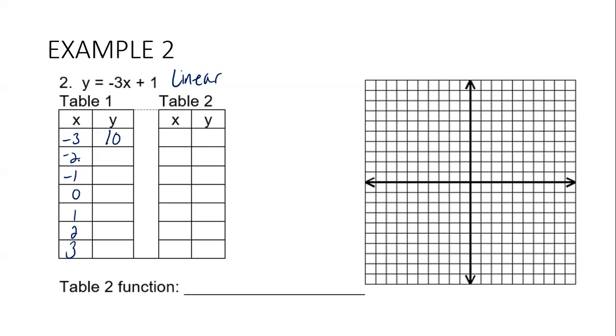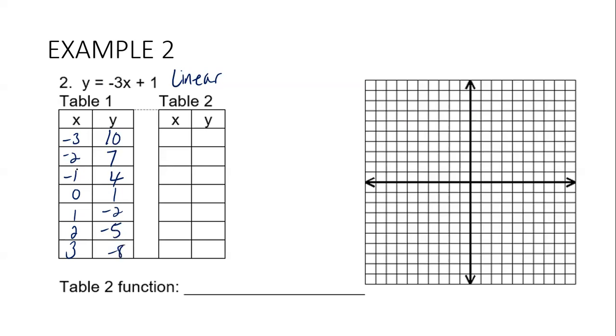Okay. All right, -2. If I substitute -2 in, what do I get? 7. I substitute -1 in. 4, 0, 1, 2, -4, -5, and 3, -8.